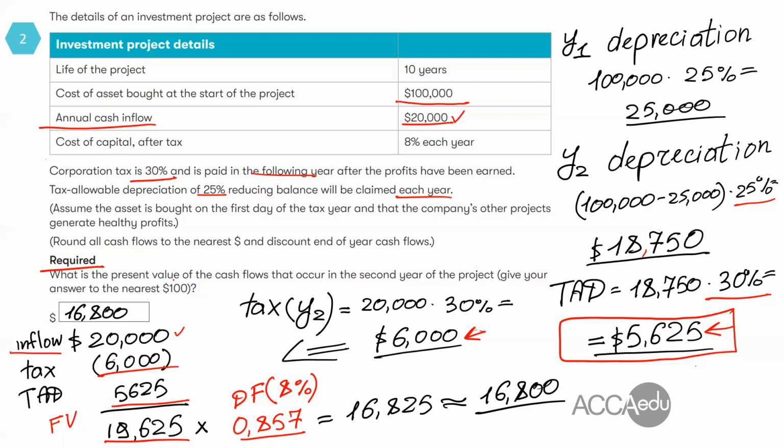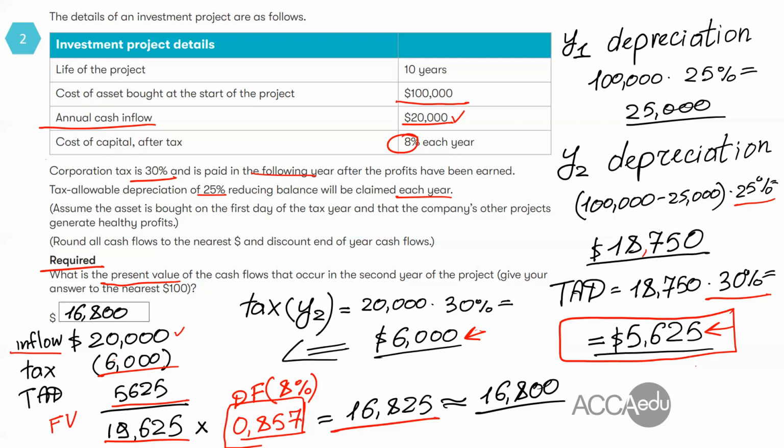But because we were asked for the present value, we need to discount it back to today. So the discount rate is 8%. From the present value table, find the 8% for year 2, and this is the rate. We multiply the future value by it to come up with the present value, which is 16,825.